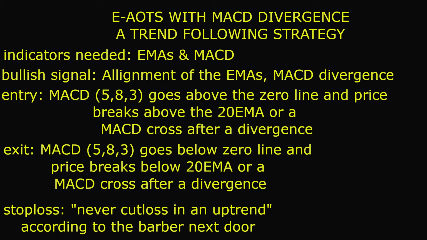As for our entry, we want our MACD to go above the zero line and the price breaks above the 20 EMA. Or we can also enter when there is a MACD cross after a bullish divergence.